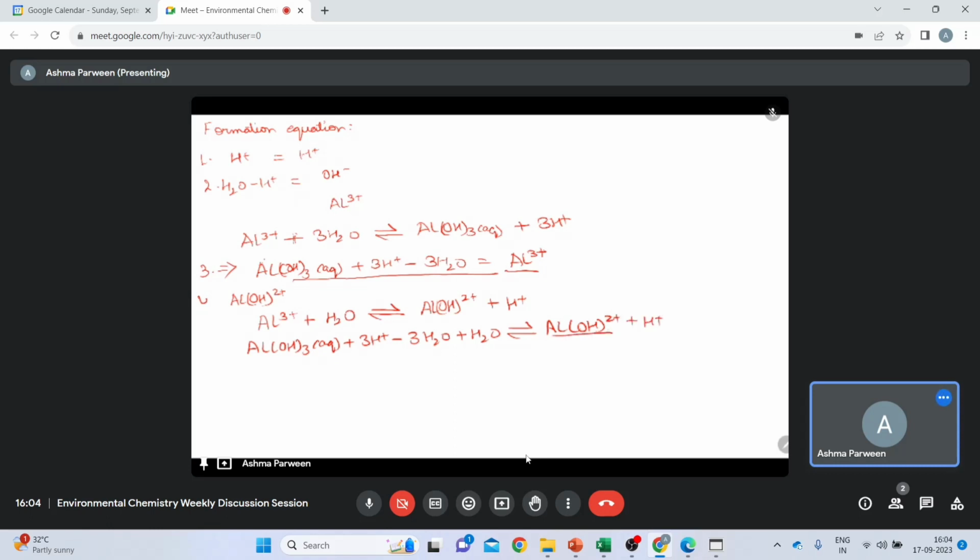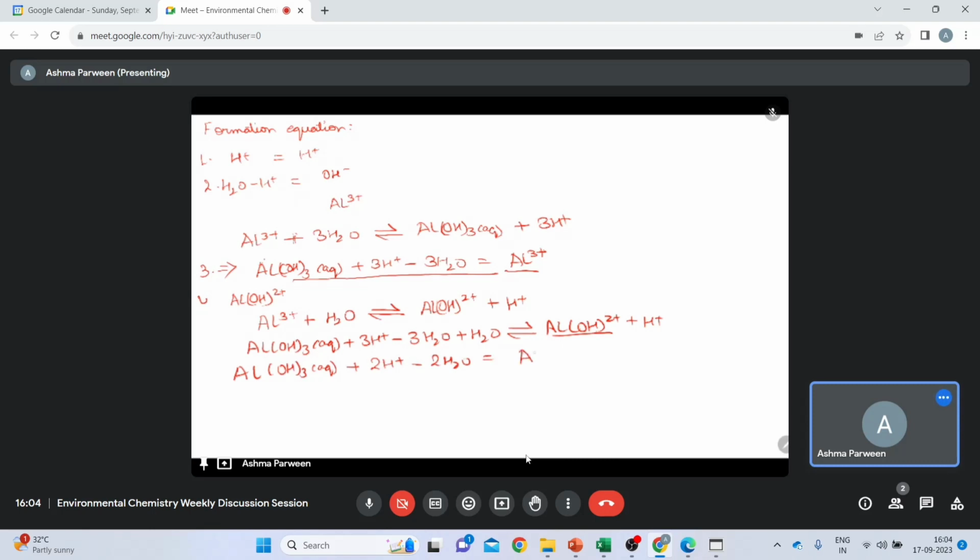So AlOH 2+ will be equivalent to AlOH whole 3 aqueous plus 3H+ minus 1, that is 2H+, minus 2H2O.